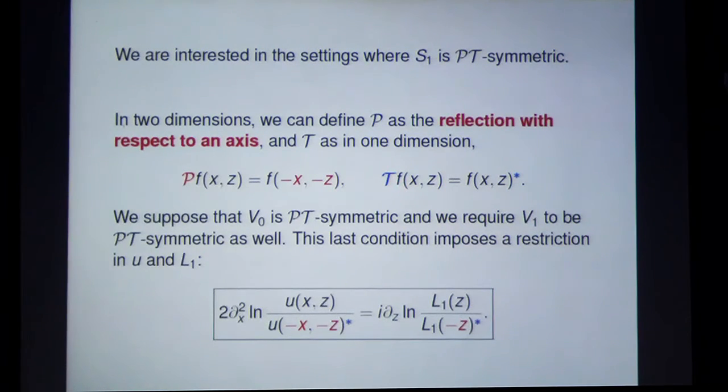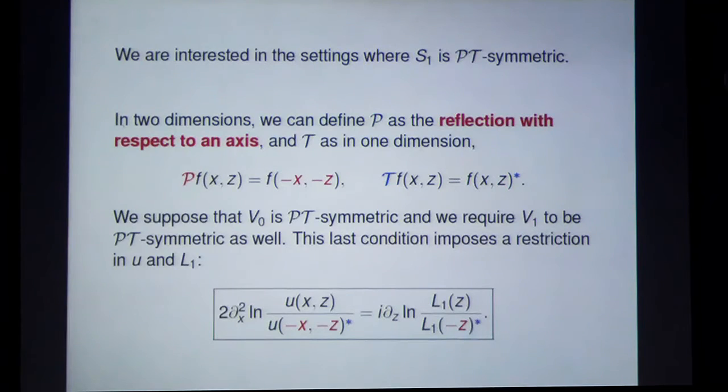The T operator, what gives you after applying the T operator onto a function, is the complex conjugate. This is the standard T, and this is kind of a new P. So, asking the new potential be PT symmetric, we obtain another condition that is complicated.